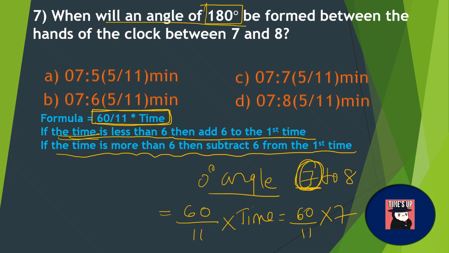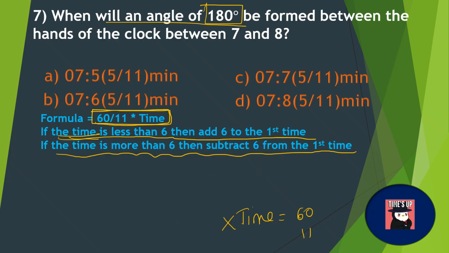Now, this 7 is greater than 6. So if the first time is greater than 6, then you need to subtract 6 from the first time. 7 to 8 is there.